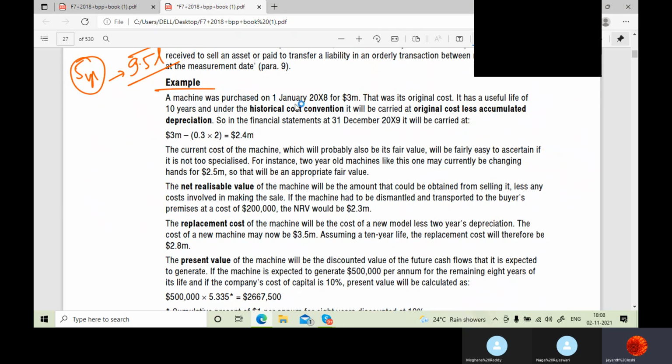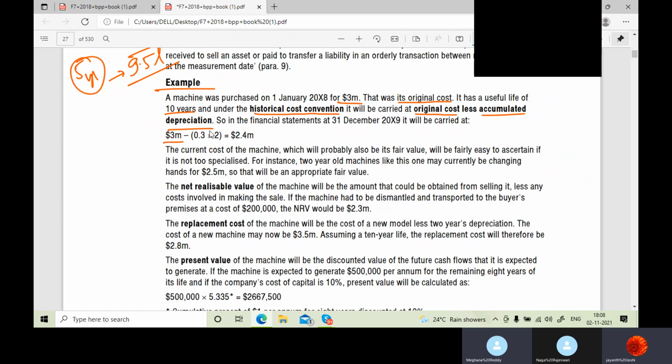A machine was purchased on 1st Jan for $3 million. That was its original cost. It has a useful life of 10 years, and under the historical cost convention, it will be carried at, when you show historical cost, the carrying amount is what? Original cost of the asset minus accumulated depreciation. Correct or wrong? Yes, sir.